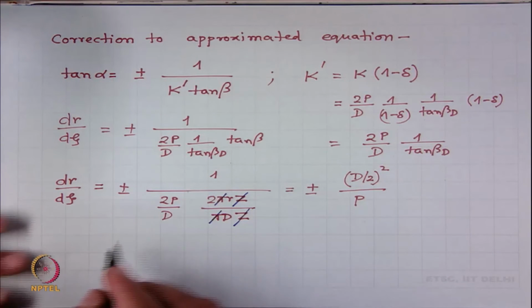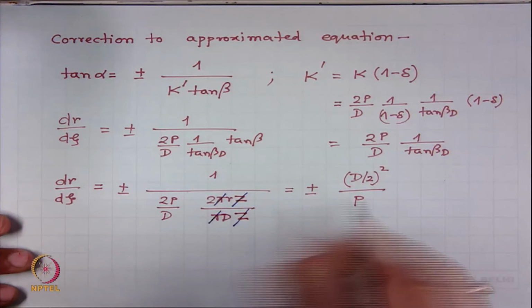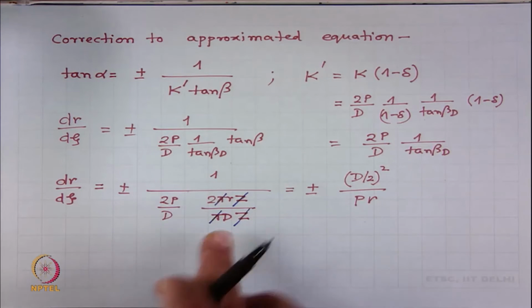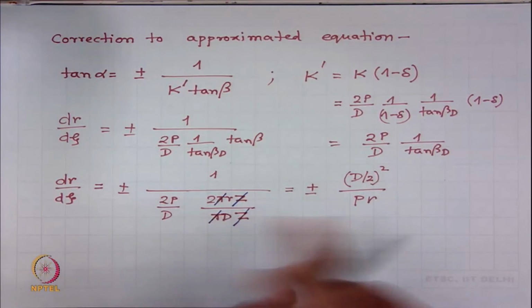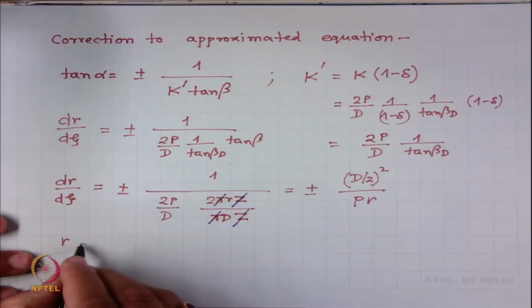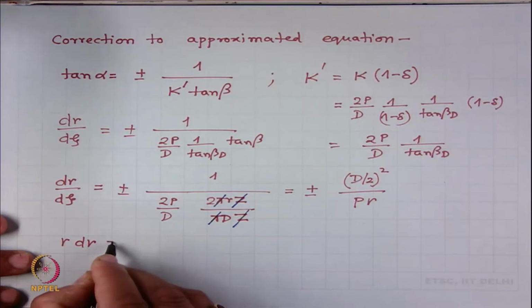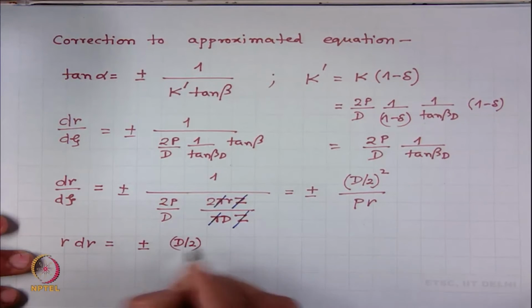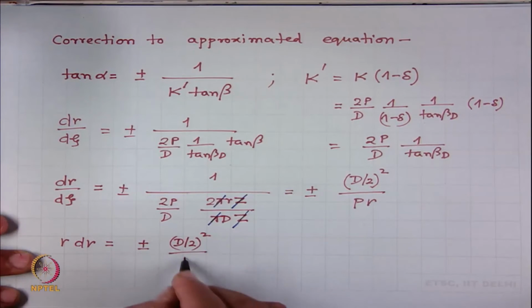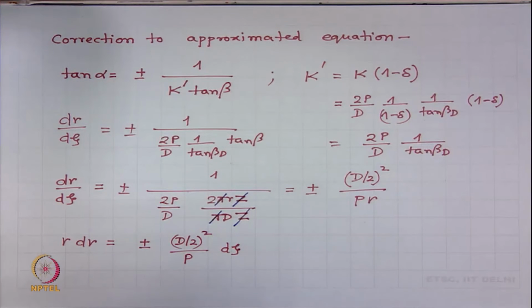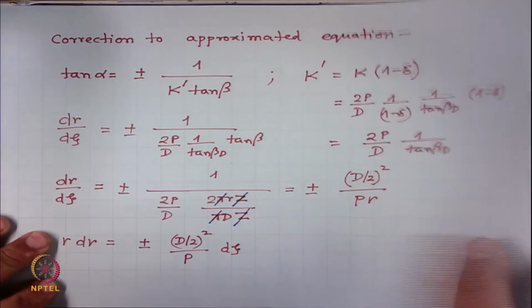So, yeah, then this r will be there. Yes. So, r dr is equal to plus minus d by 2 square by p into d zeta. So, let us integrate now.